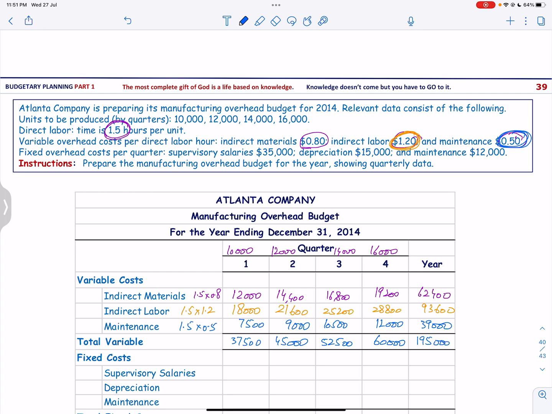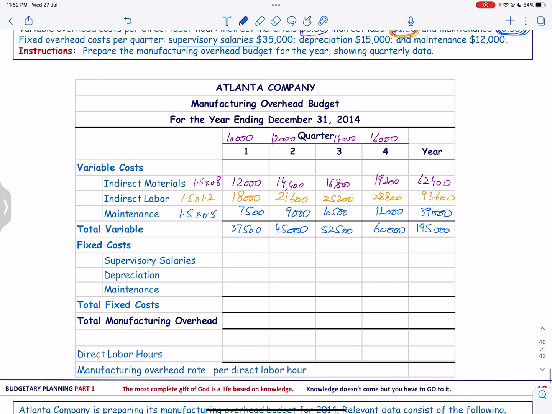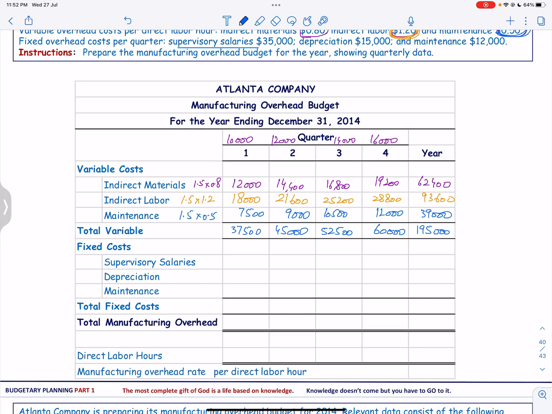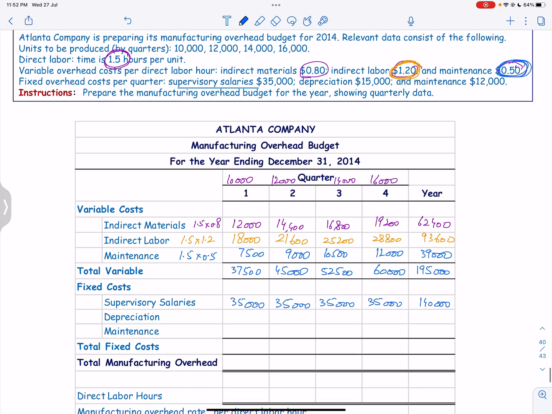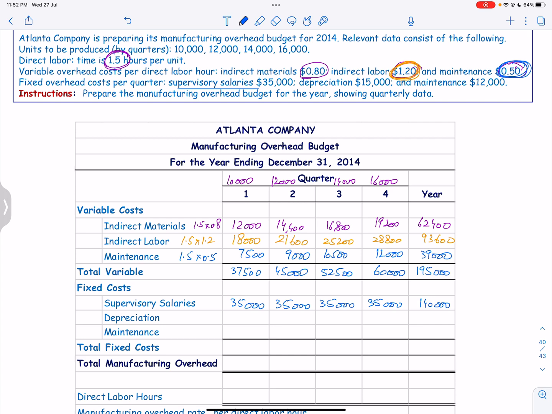Okay. The fixed overhead cost per quarter: supervisory salaries are 35,000. So fixed costs are going to be fixed, that is 35 for each quarter, and the total will be 140,000. Depreciation 15,000, so 15,000 again for each quarter, and that is equal to 60.